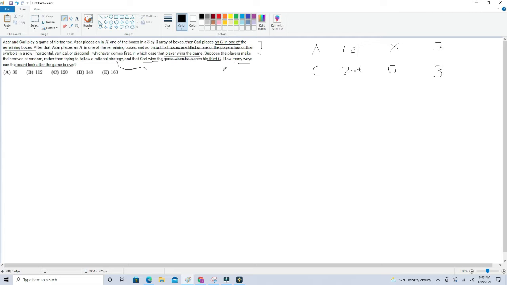However, since Carl is the one winning this game, Azar's previous 3 X's could not have won. They would not be in a row, vertical, or diagonal. This gives us some clue on how a physical grid would look, but it's still really useful to draw out one such example, so I'll do that.